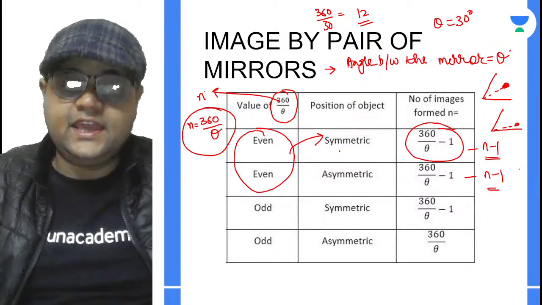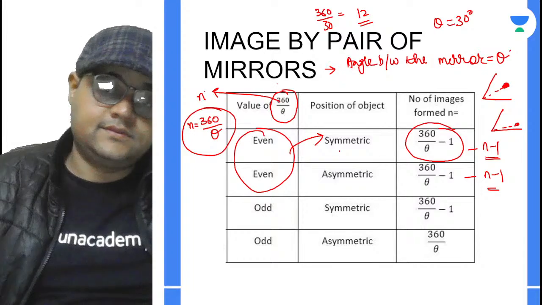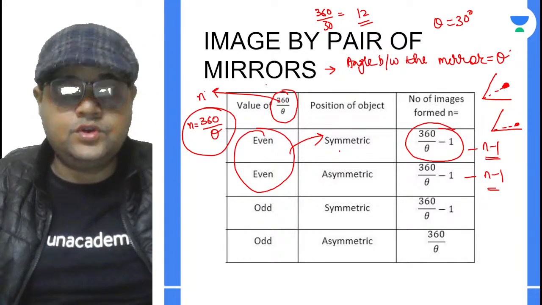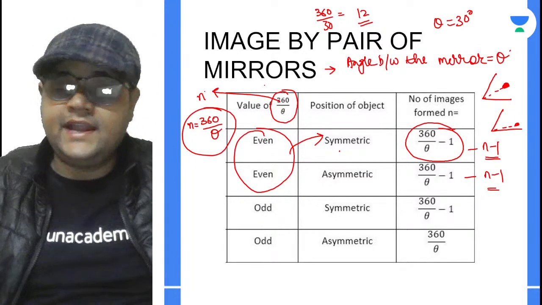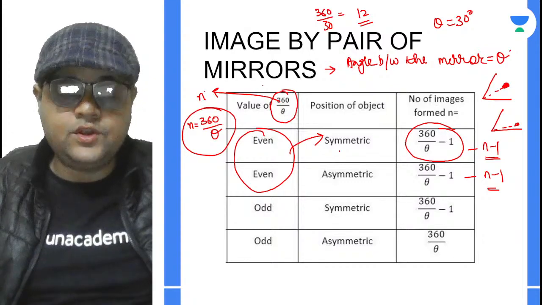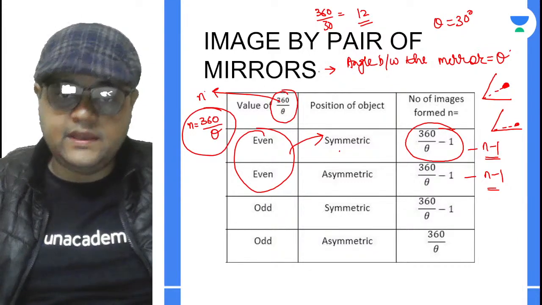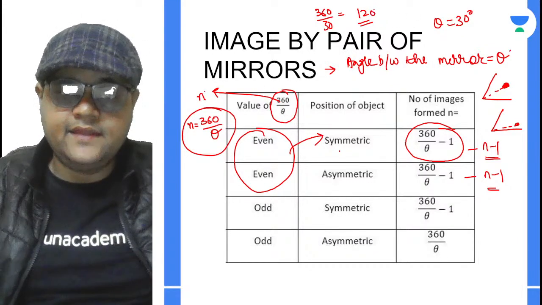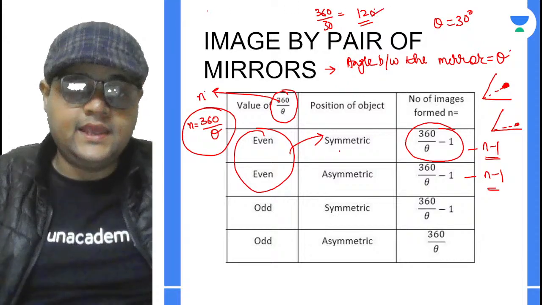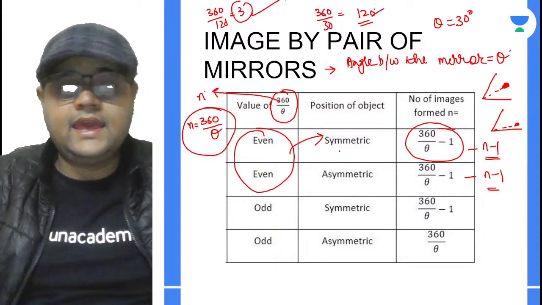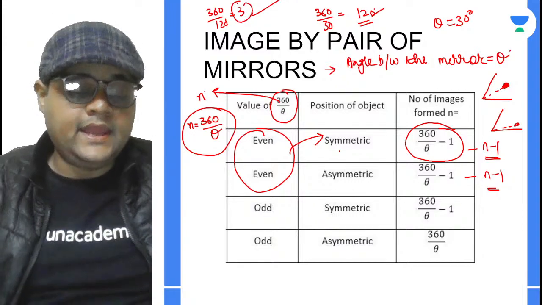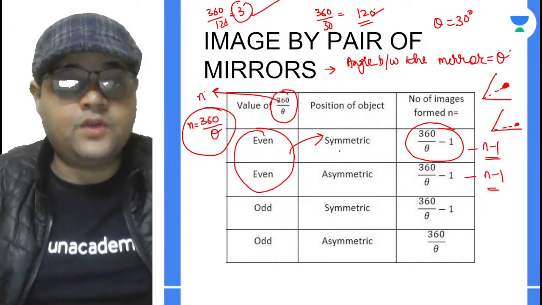Now what if n is odd? Yes, n can be odd. There is no rule that n cannot be odd. I hope you're understanding what I'm trying to convey. Let us suppose theta is 120 degrees. So 360 by 120 is 3. Now n is odd, and now the problem comes.